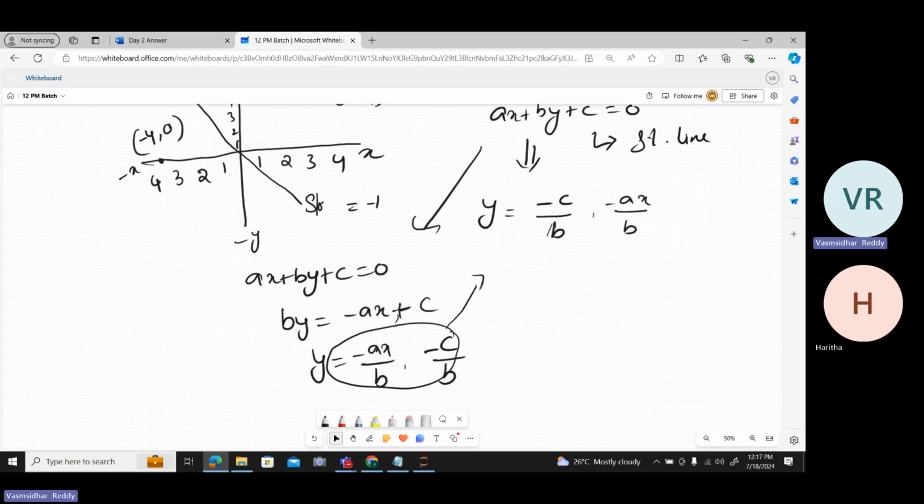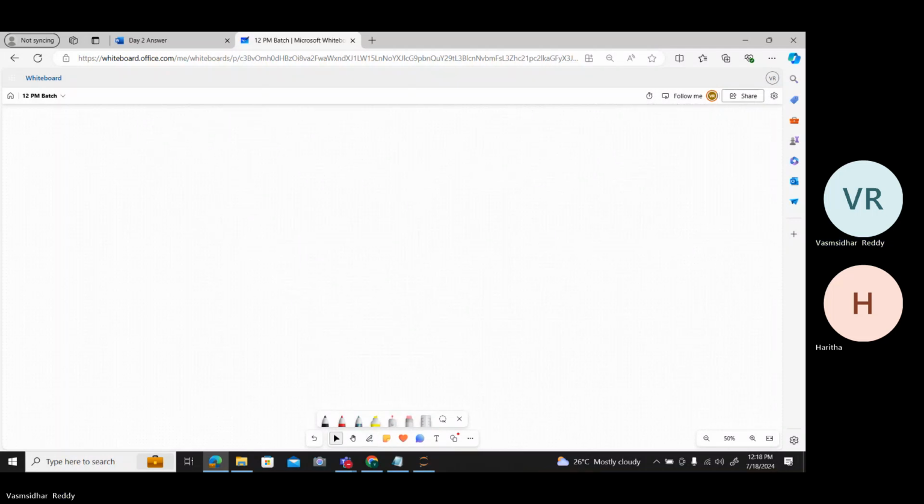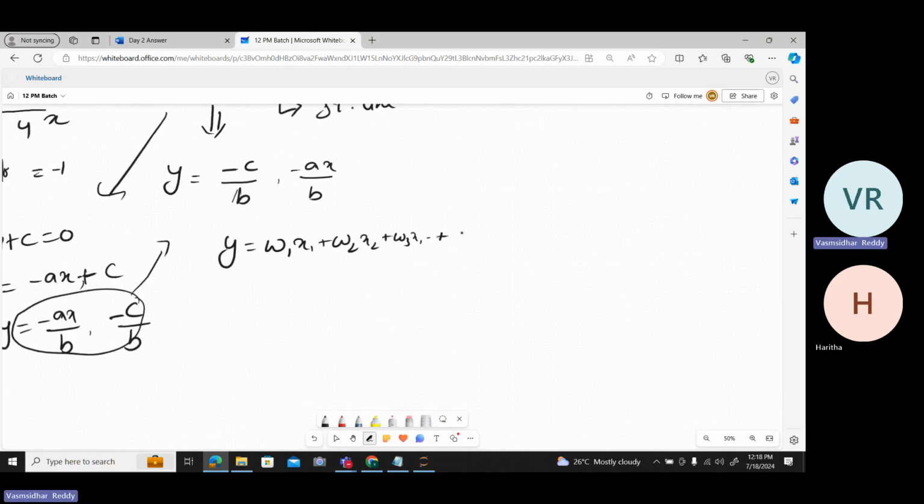We can also make it like this, where if you have multiple features, w1 x1 plus w2 x2 plus w3 x3 and so on, plus b, where b is the bias. This is like multiple linear regression with multiple points.